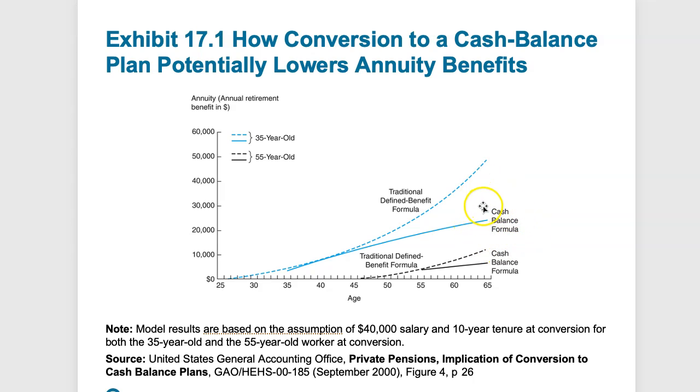That's why it is cheaper for employers to work with this. It's not as beneficial for employees because in either case, 35 or 55, you're not going to have as much money in your cash balance formula as you would in your traditional defined benefit. This model is based on an assumption that your salary is $40,000 and you have 10 years of tenure at conversion. This is for both 35 and 55-year-old workers.